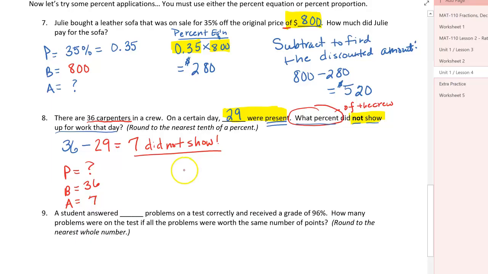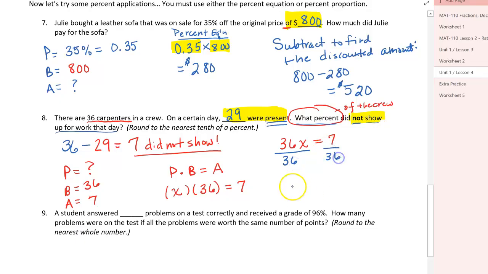So if we apply that percent equation, remember it's percent times the base equals the amount. So in this case, we don't know the percent, so we'll let that be x, times the base, which is 36, and that equals the amount. So 36x equals 7. To solve this equation, we're going to divide by the number in front of x. So that would be 36.